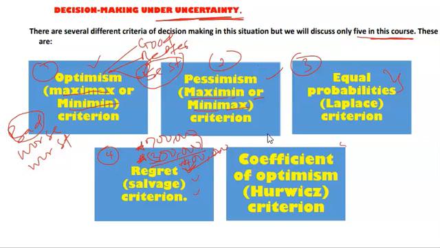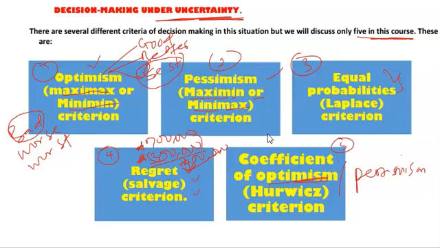The fifth condition is what we call the coefficient of optimism, propounded by Hurwicz, or they call it the Hurwicz criterion. We have the coefficient of optimism. You can also have the coefficient of pessimism. It depends on what the question says.